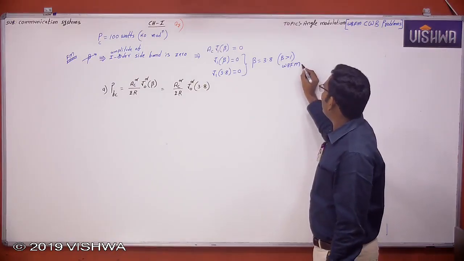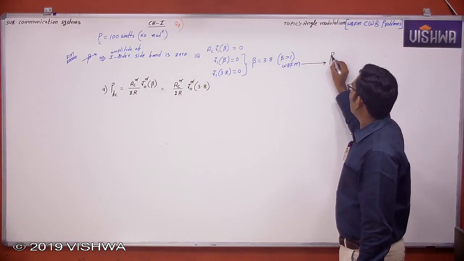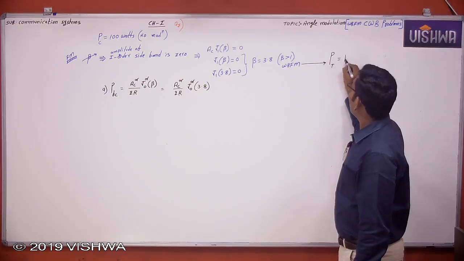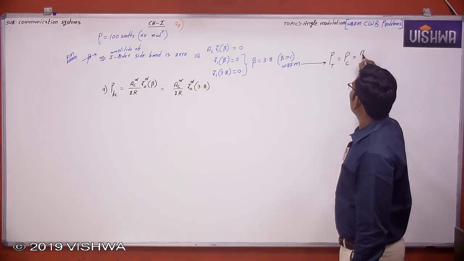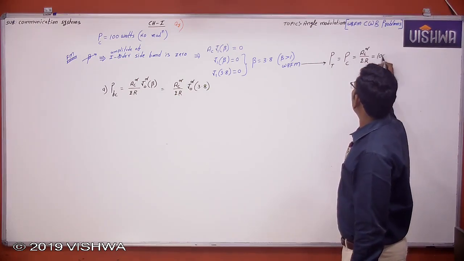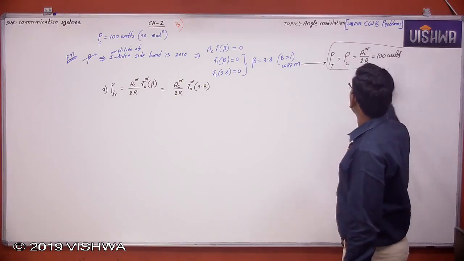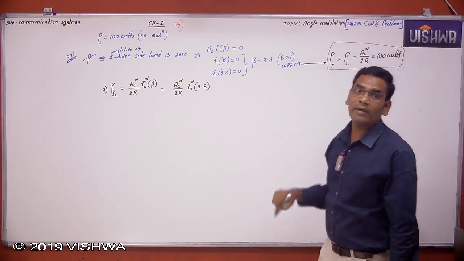In wideband FM, the total power is equal to the unmodulated carrier power, which is AC square by 2R, already given as 100 watts. Whatever the unmodulated carrier power is will be the total power in wideband FM.